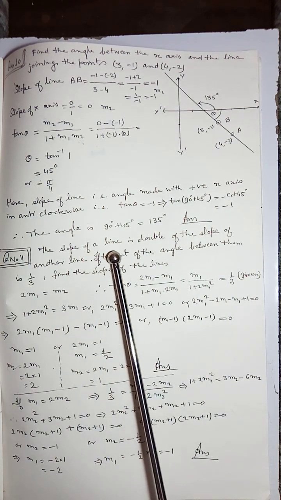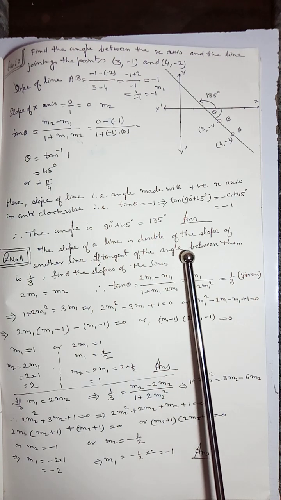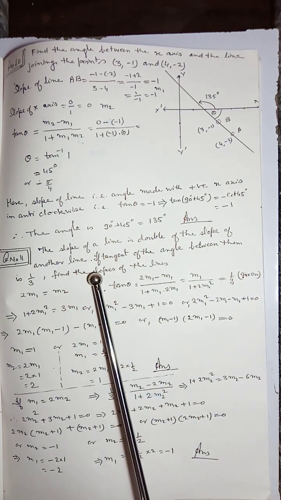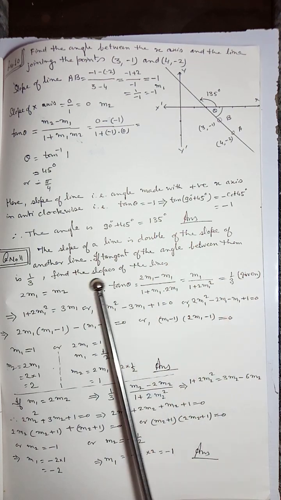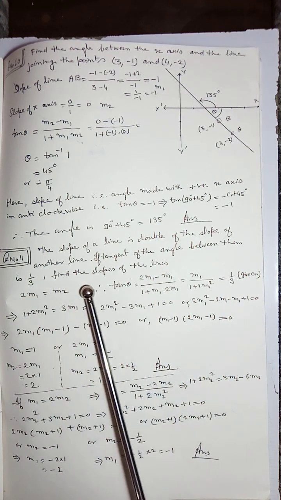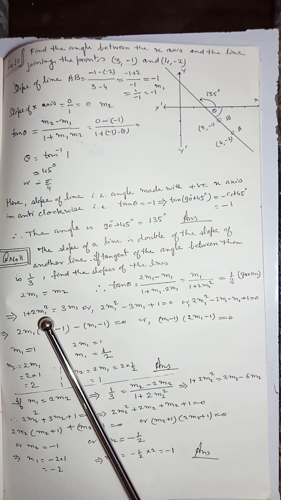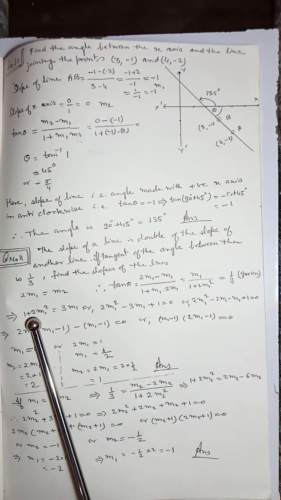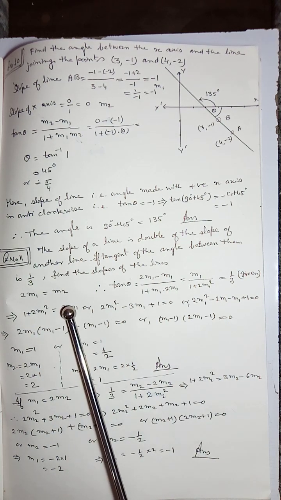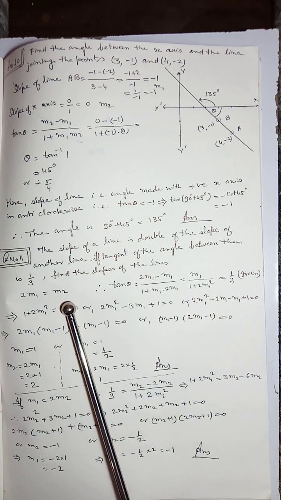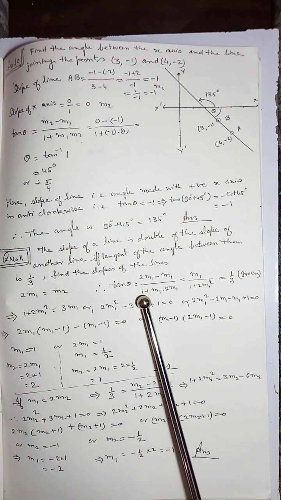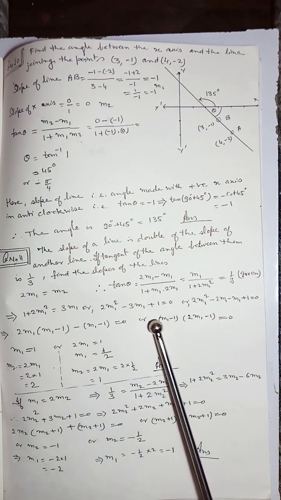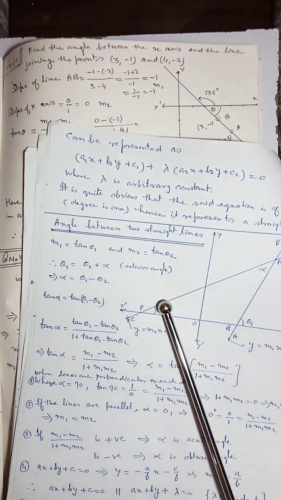The slope of a line is double the slope of another line, and the tangent of the angle between them is 1/3. Find the slope of the lines. It is given already that twice m1 is equal to m2. So we have to use the formula that I have given already.